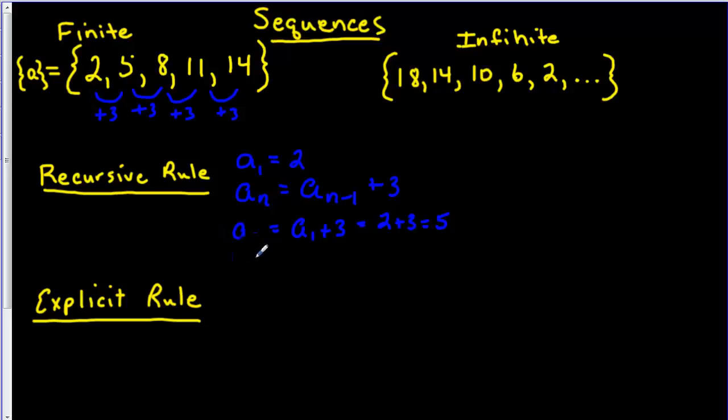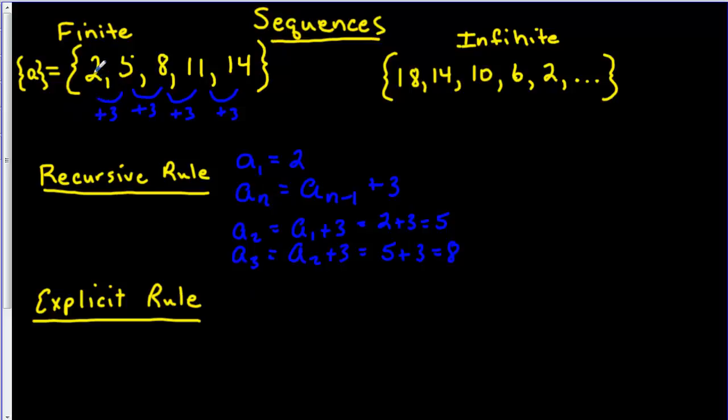A sub 3 would be a sub 2, the previous one, plus 3, which is 8. The problem with a recursive rule is if we wanted to find the 50th term in an infinite sequence, we would need to know the 49th. To find the 49th, we need the 48th, and so forth, so you have to find them in order.